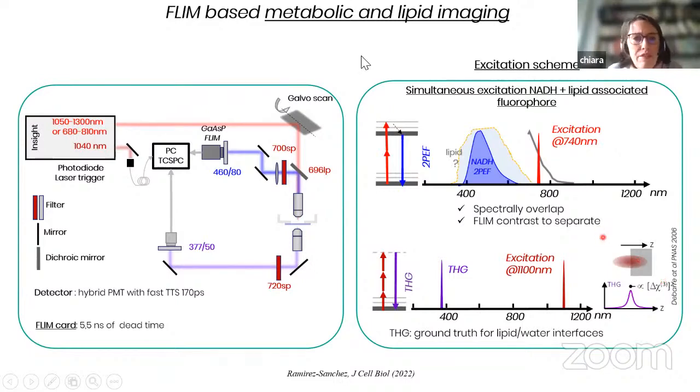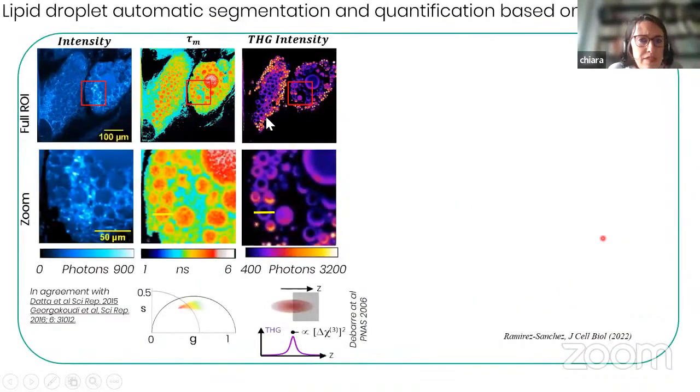If you look at the THG intensity in the adipocytes, you can clearly see the lipid droplets and the border between the lipid droplets and the water. Where the lipid droplets are located, we see a long lifetime of the autofluorescence. This was also previously observed by Rupsa Datta, the LFD, and also another lab, George Coudy's lab.